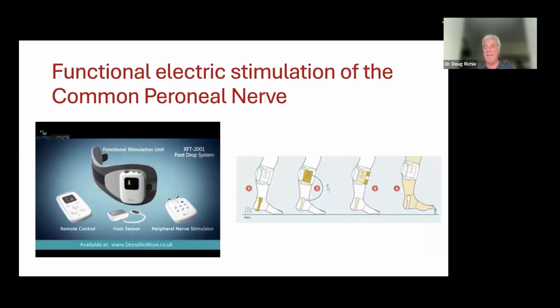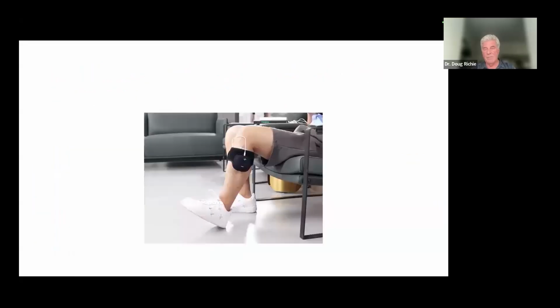And it basically takes over that essential function of firing the common peroneal nerve during the swing phase of gait. In the early days, it was brought about by a communicator in the shoe that, the minute the heel comes off the ground, communicates either through a wire or today through Bluetooth-type technology to the stimulator, and it tells the electrical device, okay, the heel's off the ground, stimulate the common peroneal nerve and activate these dorsiflexors.